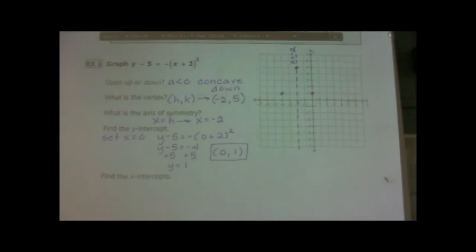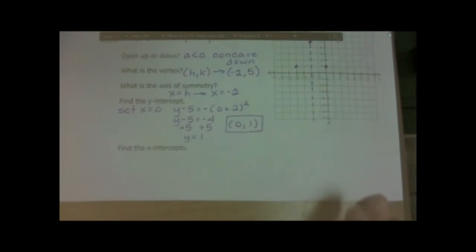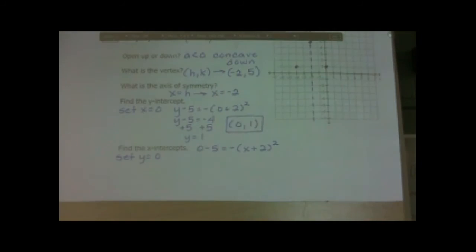Now we're going to find the x-intercepts. And to find the x-intercepts, we are going to set y equal to 0. So here's what I've got when I set y equal to 0: 0 minus 5 equals negative (x plus 2) quantity squared.